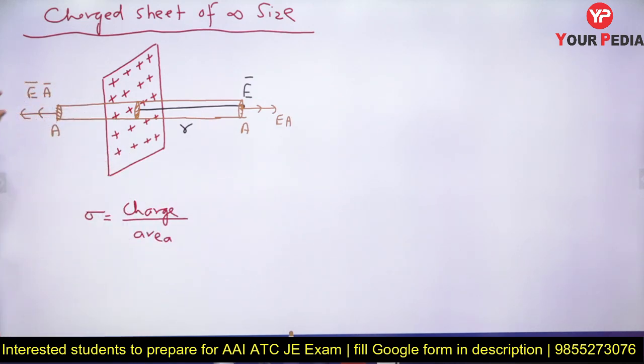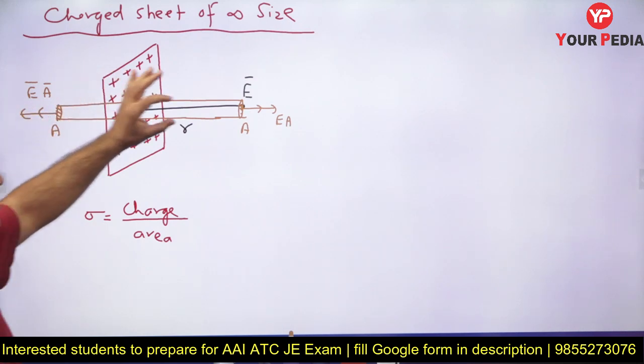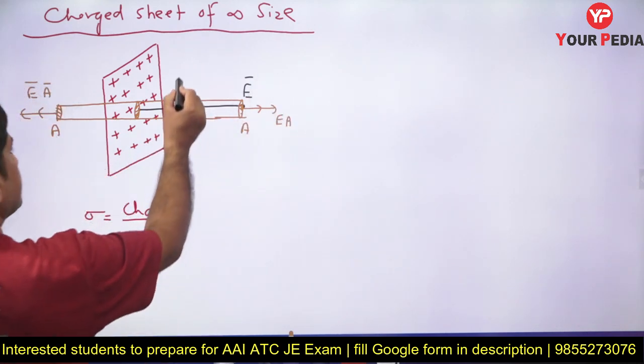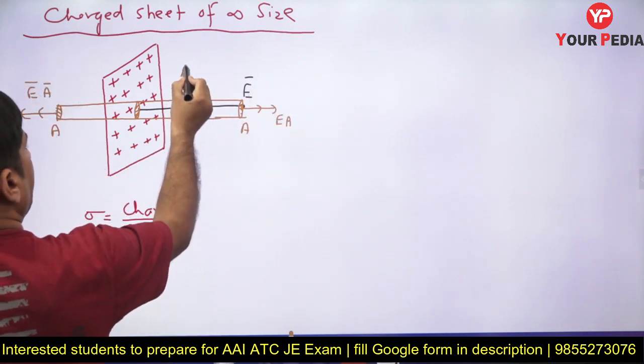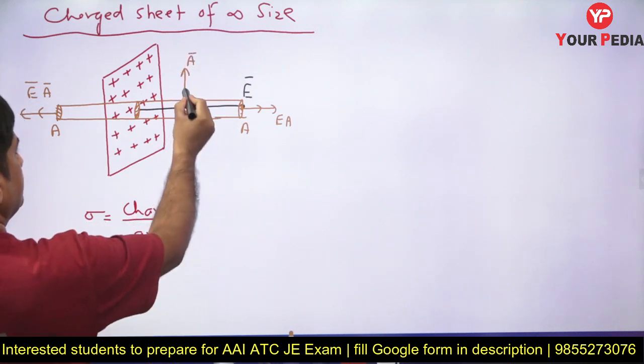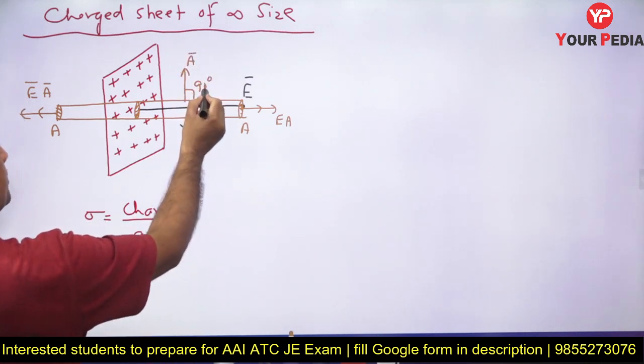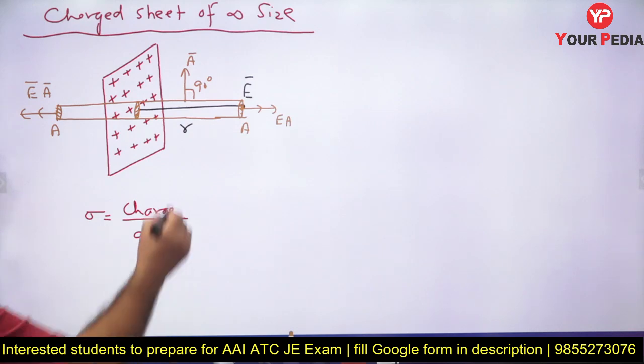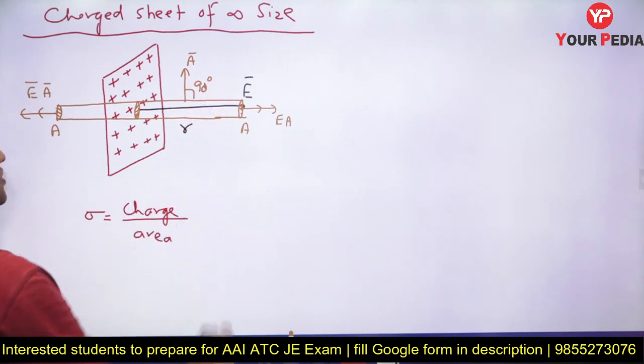Similarly, the area vector is this side, and because this is a positive charge, the electric field is also this side. So for this Gaussian cylindrical surface, the electric field and area vector are in the same direction here. But for the curved surface, electric field and area vector are perpendicular. So there will not be any electric flux through the curvilinear part of this cylinder. That is what you have to understand.